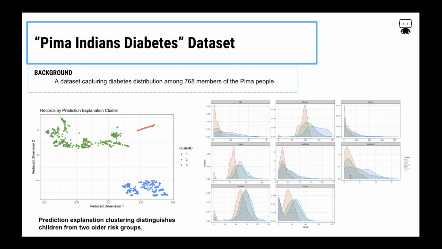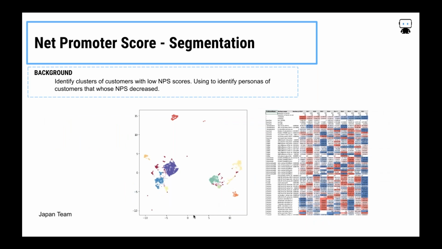So a couple of other examples of how our customers have used explanation clustering, just to make it a bit more concrete how you can start taking advantage of this method. So let's go through, and Chandler, you might chime in on some of these as well. Yep. One of the early ones I had worked on was with one of our Japanese customers, where they were looking at net promoter scores. This is a very popular way to look at customer satisfaction.